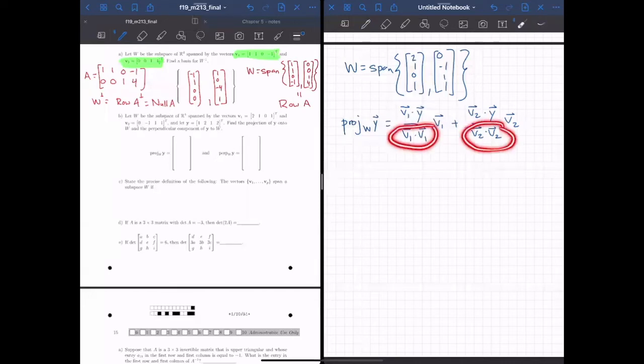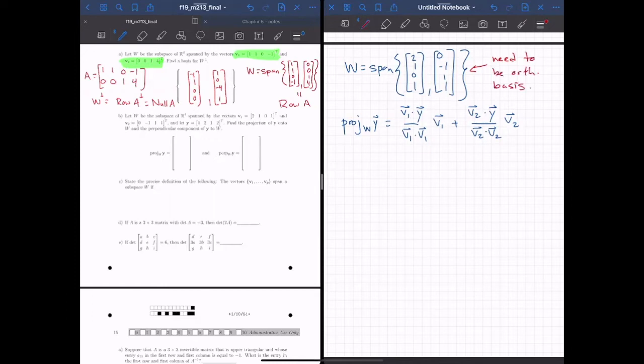Neither of these is the 0 vector, so we're in good shape. The other comment was that they have to be orthogonal to each other. If they're not orthogonal, we're in trouble. They need to be an orthogonal basis.